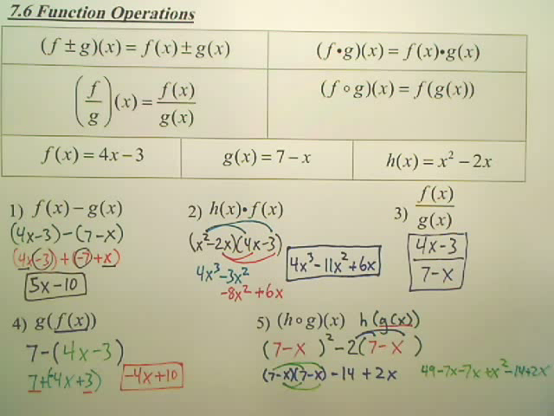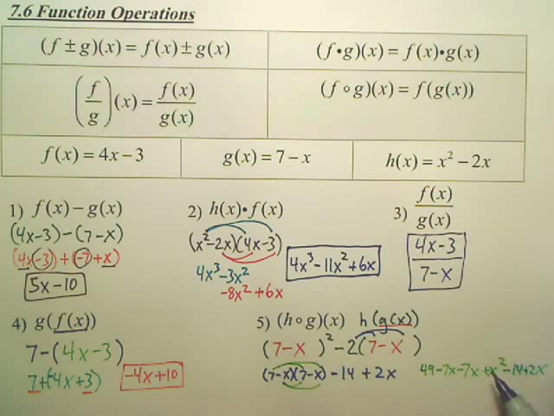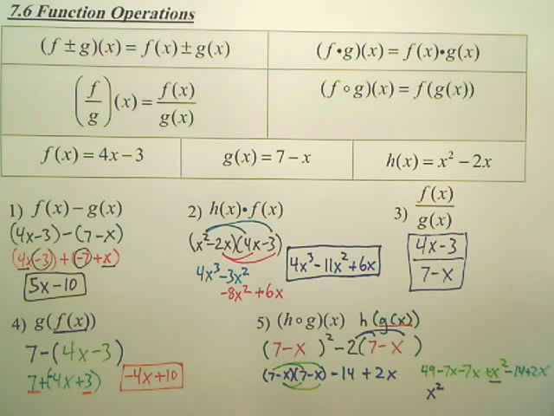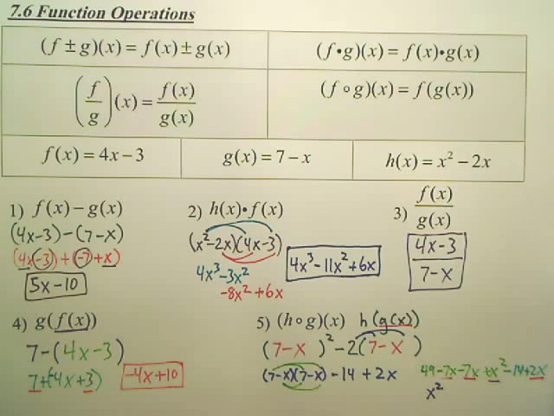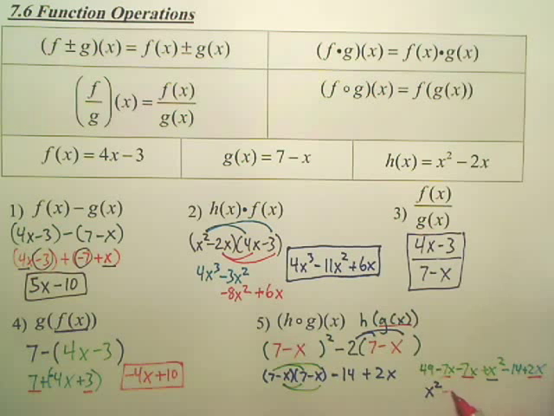Can we combine like terms? Yeah, what's the biggest term? X squared. So I have x squared. Next, look at all the x's. You have negative 14 and a 2x. That makes it a negative 12x.